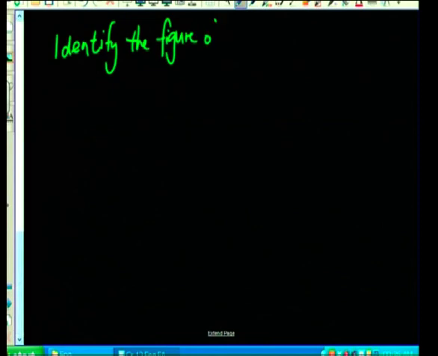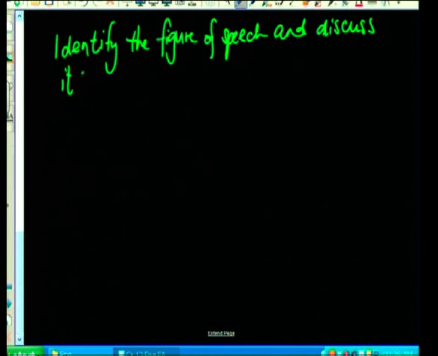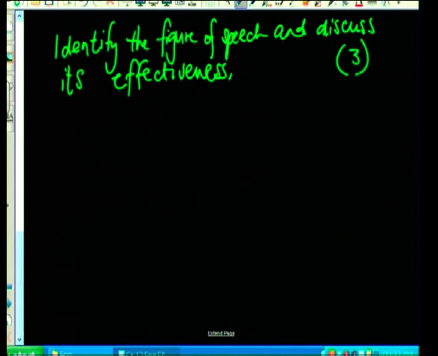Identify the figure of speech and discuss its effectiveness. Let's make this one out of 3. So what you want to be doing is writing the answer and imagining 3 ticks.